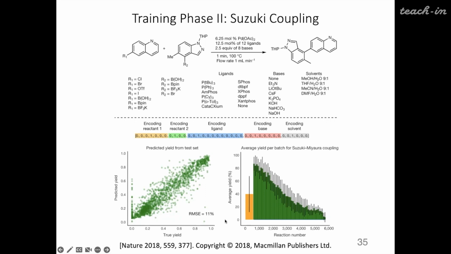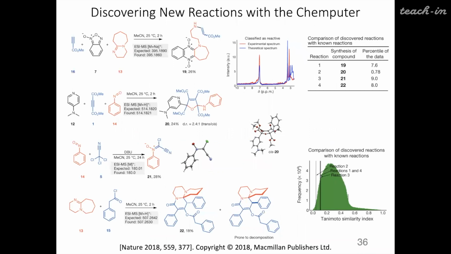So after all, they get a model that predicts reaction yields in the Suzuki coupling. And as the final task for the computer, they conducted some free reaction space exploration and proposed several new reactions.